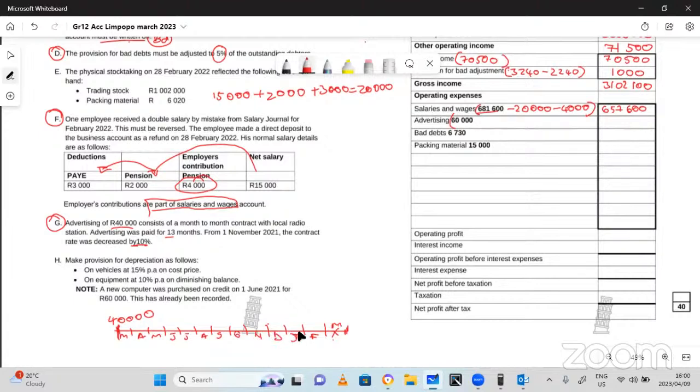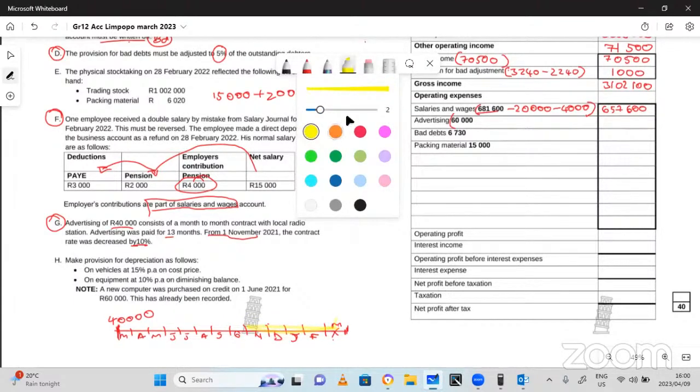Note that I'm using the space in between the lines for my months. Now we are told that the change took place starting from the 1st of November. So this is when the change started to take place. Increase.